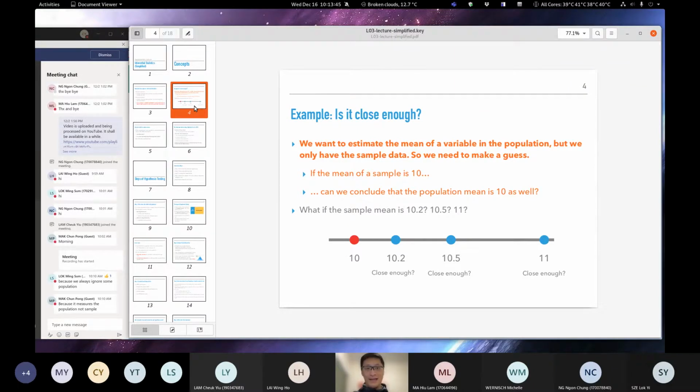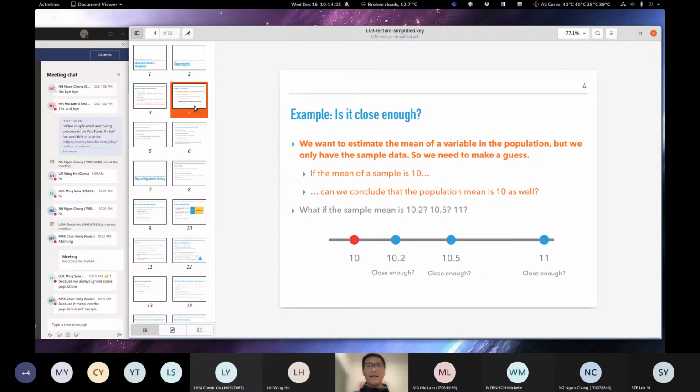It doesn't matter that the answer is inaccurate, but we try to estimate the accuracy, or how far it is from the true answer. This is the main idea of inferential statistics. We know there is error, but we want to know how far our answer is from the true answer. But you may find that this doesn't look very possible, because if we do not know the true answer, then how can we estimate how far we are from the true answer, right?